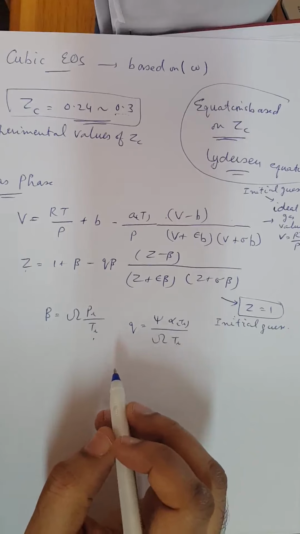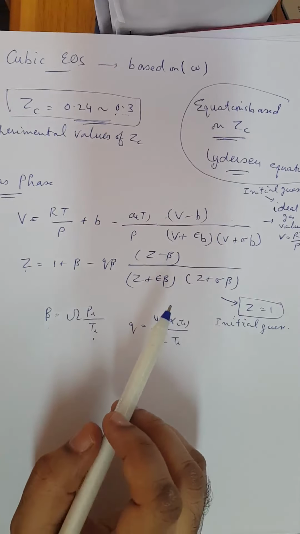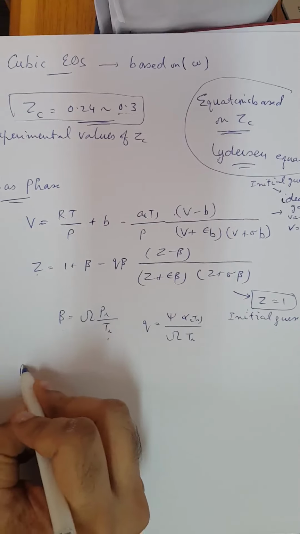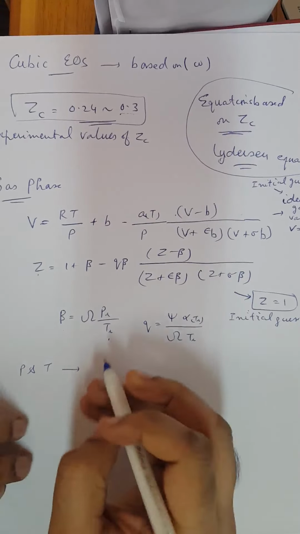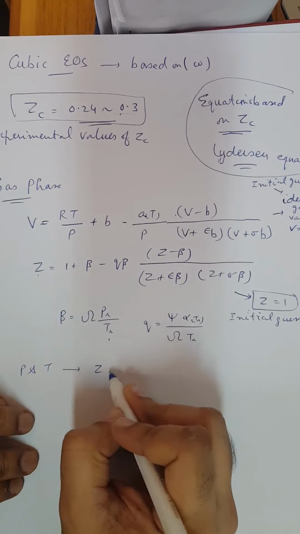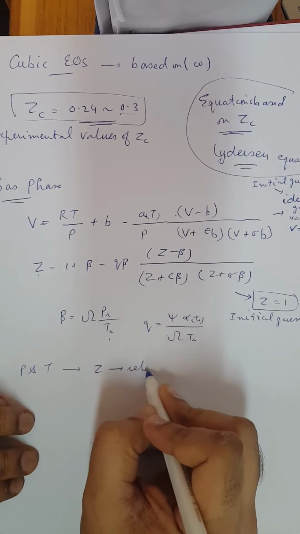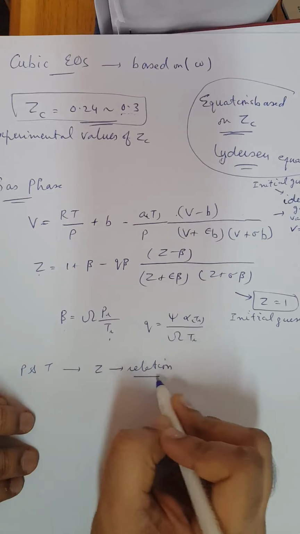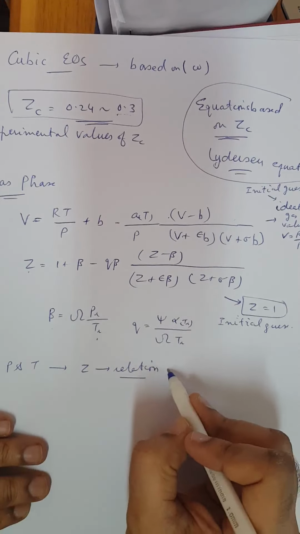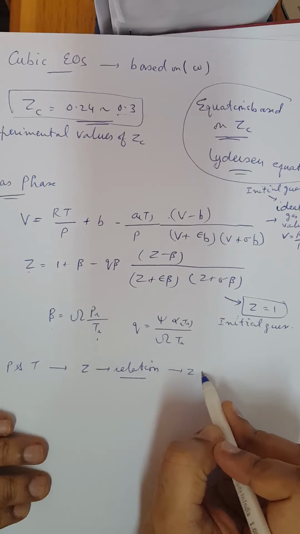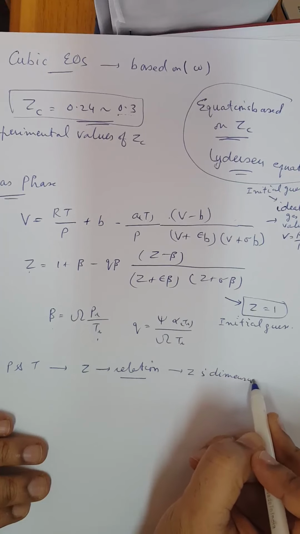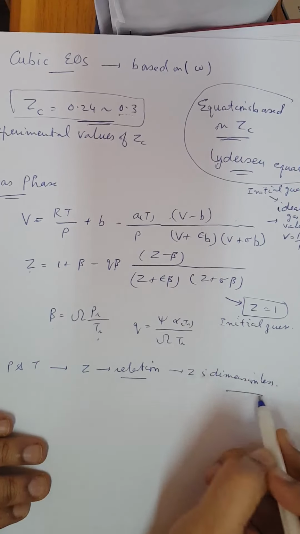I recommend that if the pressure is given and the temperature is given, then you practice using the compressibility factor relation, because there are two advantages. One is that Z is dimensionless. This is the plus point.